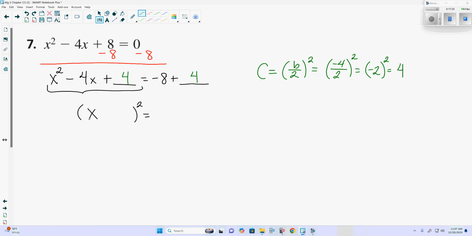The number and sign that goes inside this parenthesis will be the same as the number and sign inside the parentheses before we square it to find c. Since it was negative 2 inside the parentheses, we'll plug in the negative 2 there, giving us x minus 2 squared equals negative 8 plus 4 is negative 4.